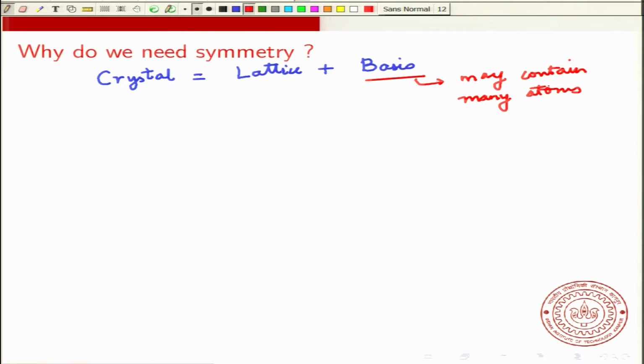So now what this suggests is that this picture of crystal as lattice plus basis could be equivalently written in the following form. You could write it as a combination of lattice plus symmetry plus asymmetric unit.